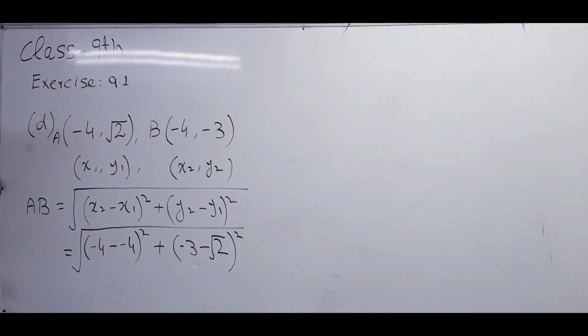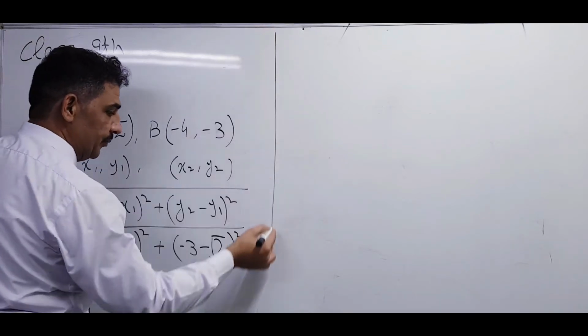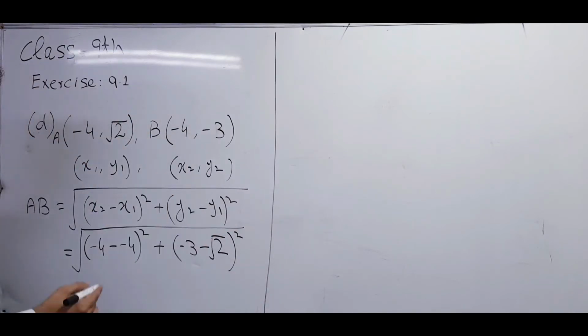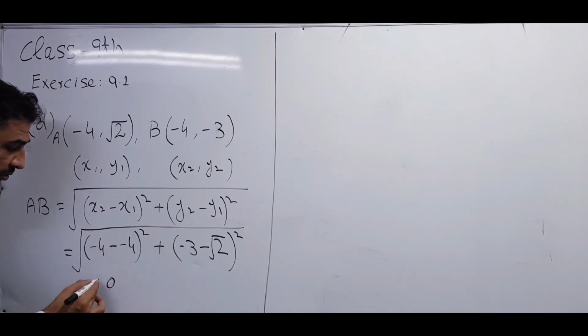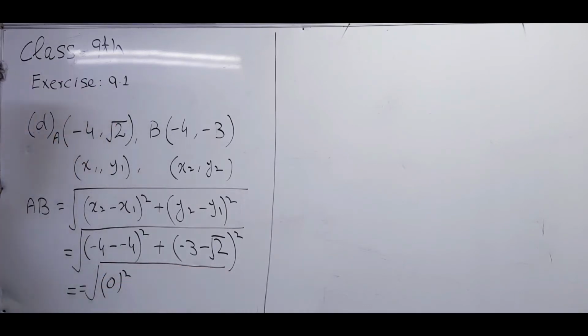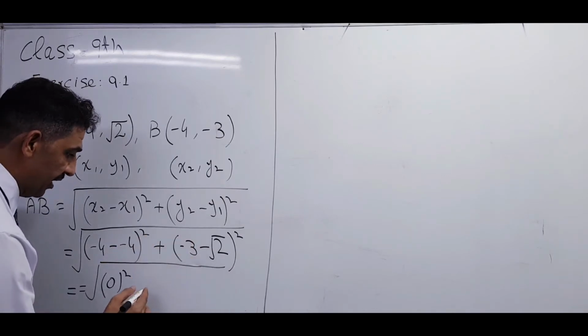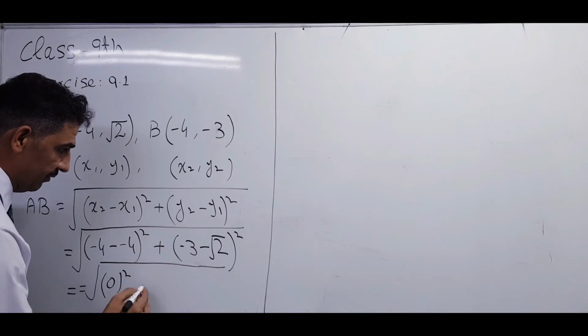Okay, you can simplify with the help of a calculator, or you can simplify without the help of a calculator also. How to simplify? One more step we can simplify here. This minus into minus is plus, minus 4 plus 4 will become 0, and the square of 0 is also equal to 0. And for the remaining, no need to open this square, just take the negative sign common outside.